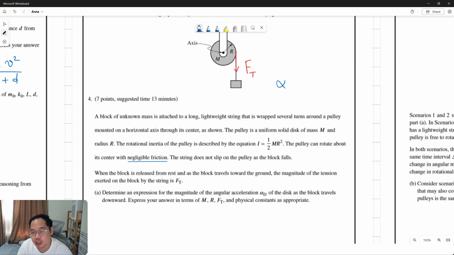The angular acceleration alpha is determined by the torque divided by the moment of inertia I of a rotatable object. It is very similar to an equation in the dynamics part, where the acceleration is the net force, Newton's second law, divided by the mass. So using this formula, we can write the equation for the angular acceleration.